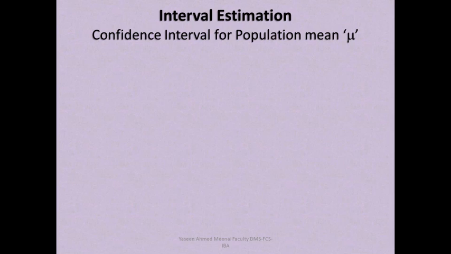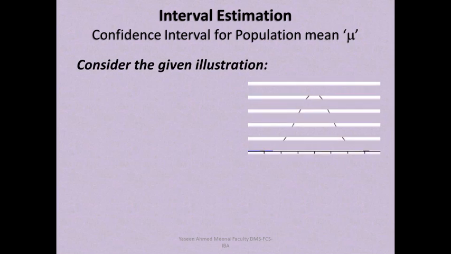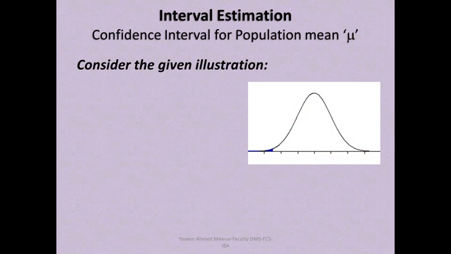So, how could we start? Using the concept of the central limit theorem, let me show you a sketch as an illustration. This is the sketch of a standard normal curve, and I am highlighting the tail areas with blue color. Since it is a standard normal curve, the mean in the middle would be 0.